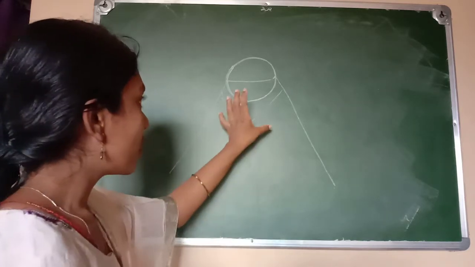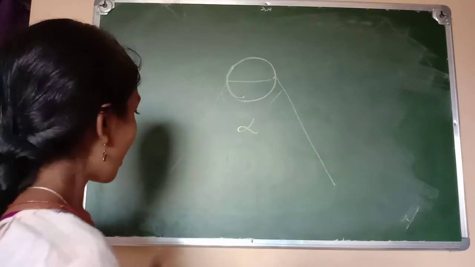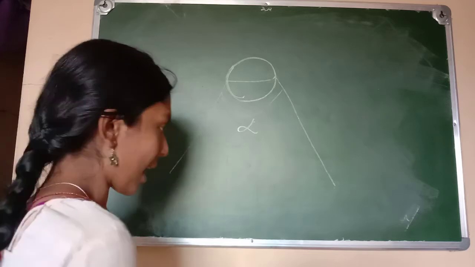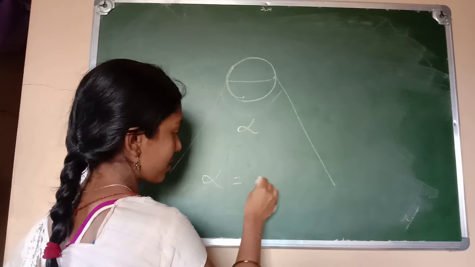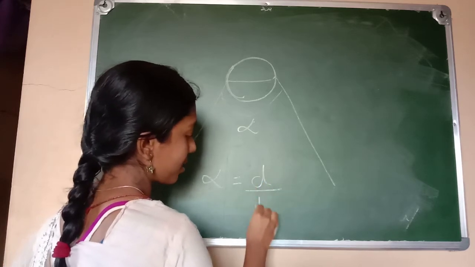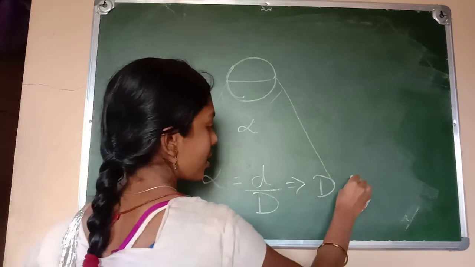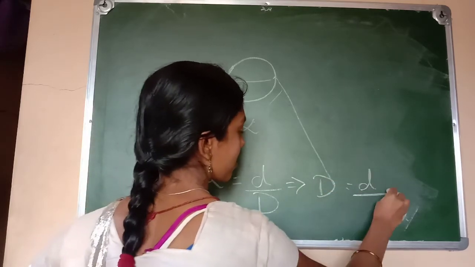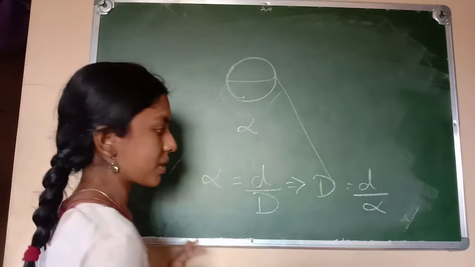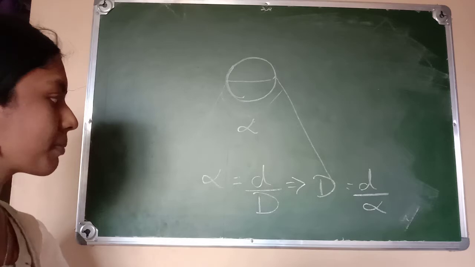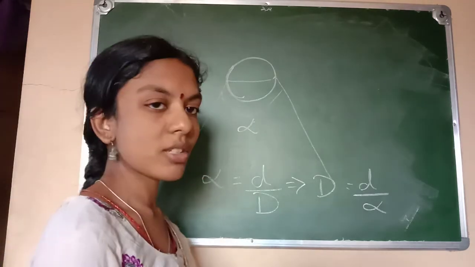So this is the angular distance the planet subtends in the sky, and the measurements would be similar as before. Alpha is nothing but the length of the arc by the distance d, which implies d is nothing but the arc distance divided by the angle it subtends. So these are the methods we use in measuring very large distances.